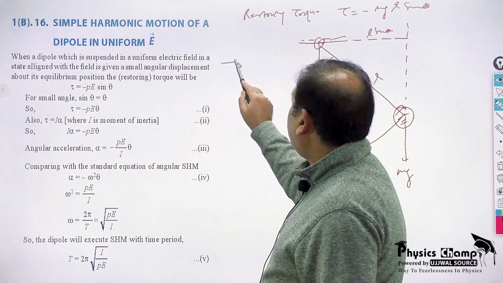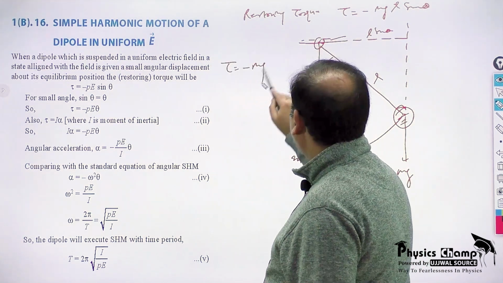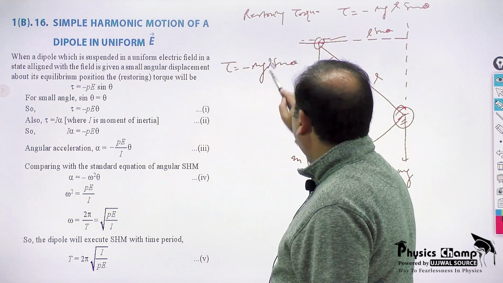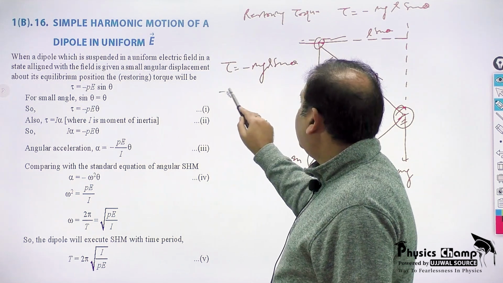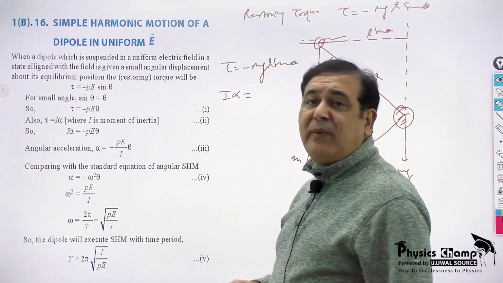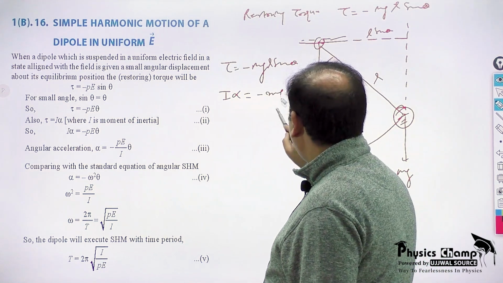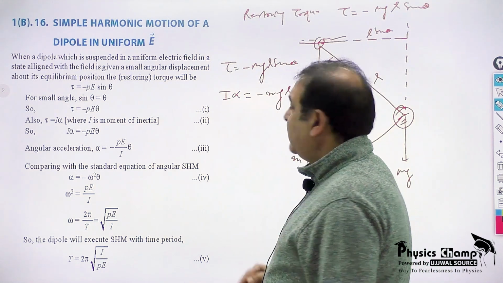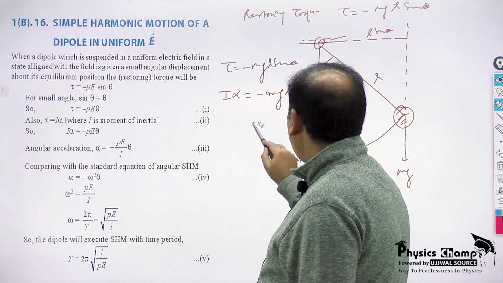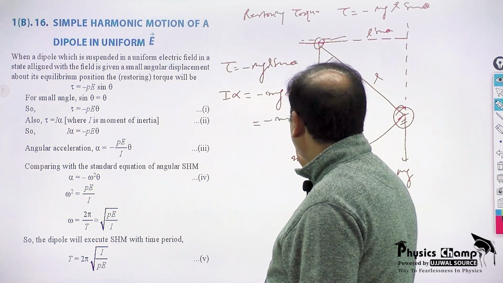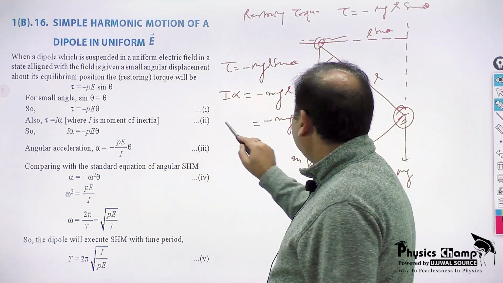And the restoring torque, minus mg L sin theta, torque is I alpha, where I is moment of inertia and alpha is the angular acceleration. For small angle, you call sin theta as theta, so minus mg L theta is equal to I alpha.